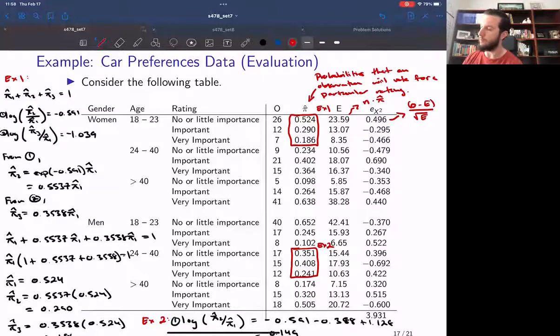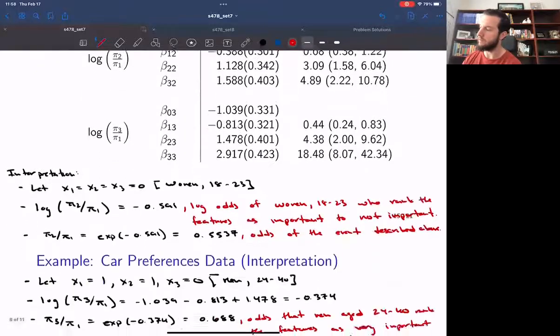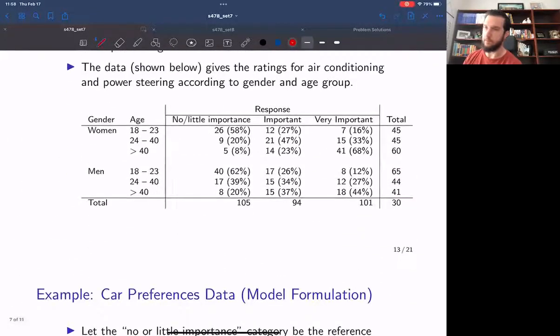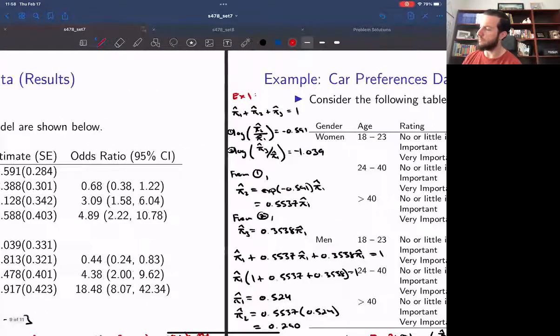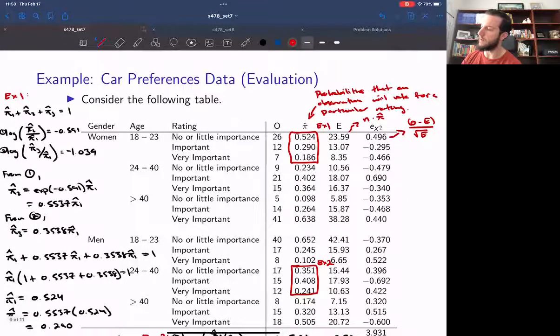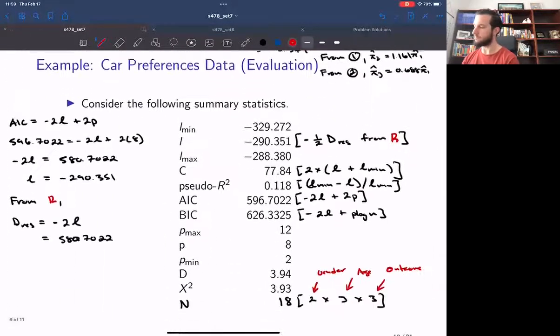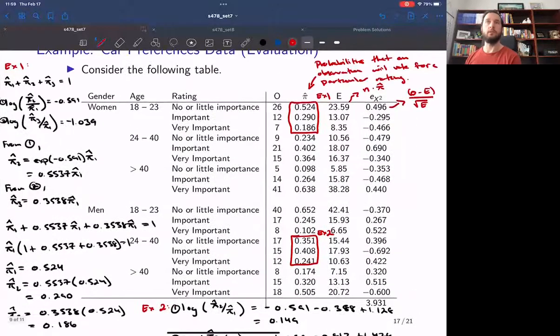For example, for women aged 18 to 23, little n is 45. So this first value, 23.59, is 45 times 0.524. This value is 45 times 0.29, and this value is 45 times 0.186. That's where those values are coming from. Any questions?